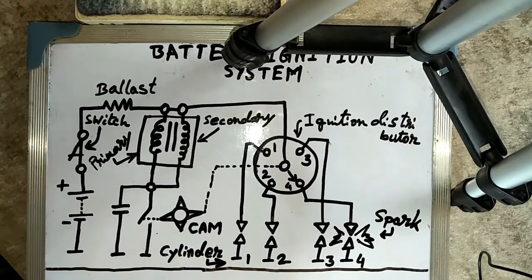In this system, the energy required for producing the spark is obtained from a 6 or 12 volt battery. The construction of a battery ignition system is extremely varied. It depends on the type of ignition energy stored as well as on the ignition performance required by the particular engine.